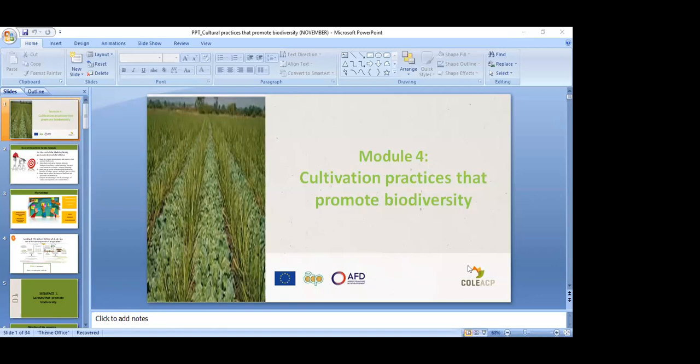So we'll be discussing cultivation practices that promote biodiversity. We've been able to discuss those practices that impair biodiversity in our environments, on the farm, and that affect the global stage, as the case may be.